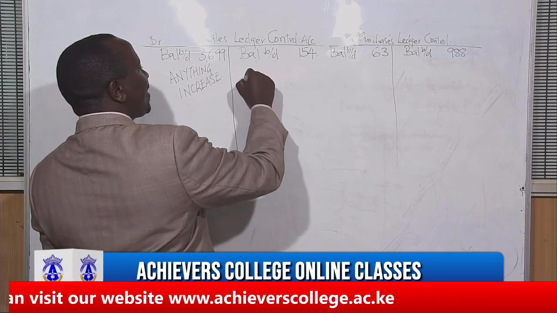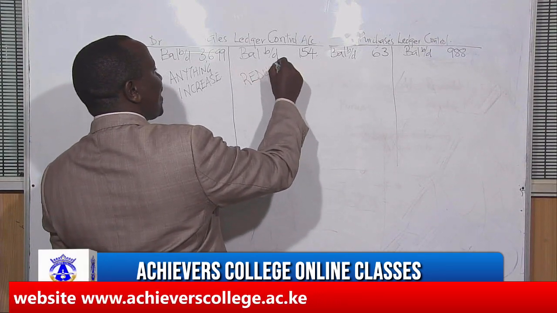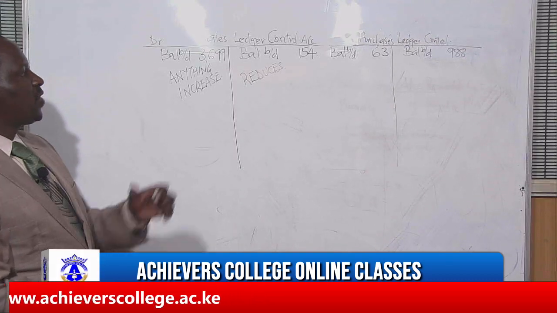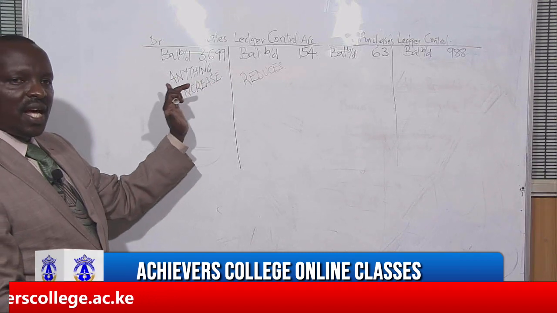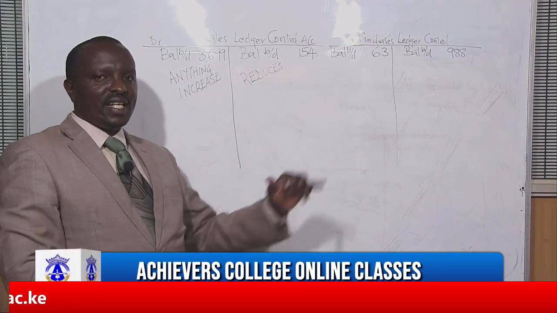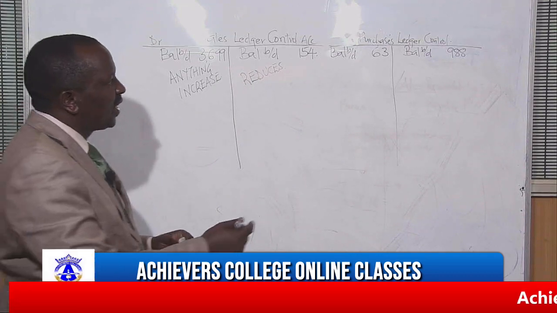Anything that reduces debtors is actually credited in the control account. The reason is that if you are increasing debtors, an asset, you should debit. If you are decreasing debtors, an asset, you should credit.